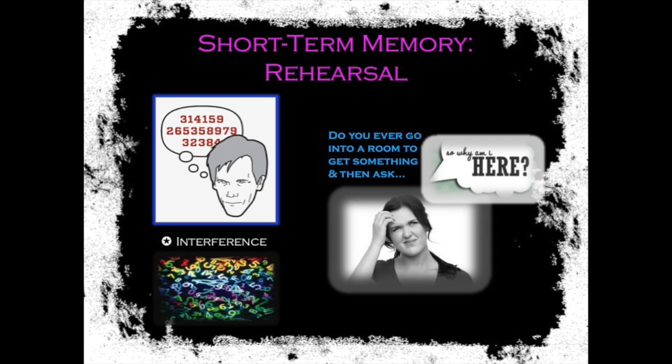So a couple things could have happened here. Maybe you live in a large house and it took longer than 20 to 30 seconds, the length of your short-term memory, to get to that room. And so you forgot what you needed and you didn't rehearse on the way there. And then another thing that could have happened is as you were walking to that room, you saw the pile of laundry, you saw your picture from your wedding day, and interference occurred, also preventing you from remembering what it was you needed.